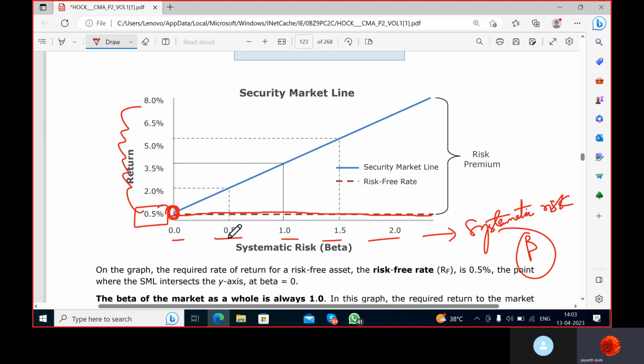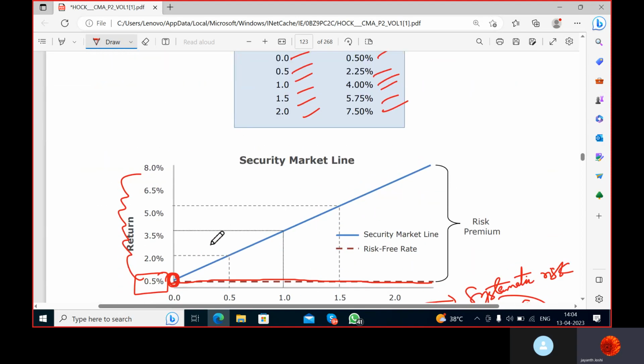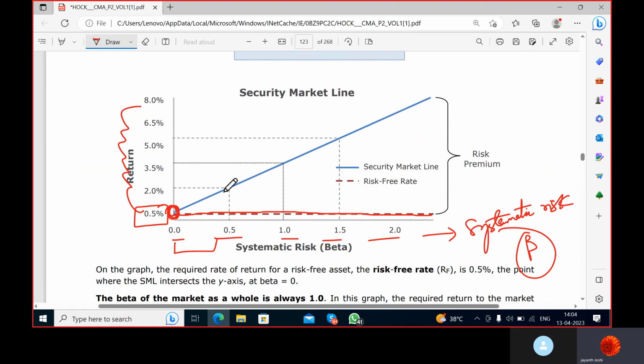Now, what happens is, as the risk goes on increasing, as the beta has gone from 0 to 0.5, your return has gone from 0.5 to 2.25, correct? And then as the risk is increasing from this, the return is this. So you can see that as the risk is increasing, the returns are increasing.